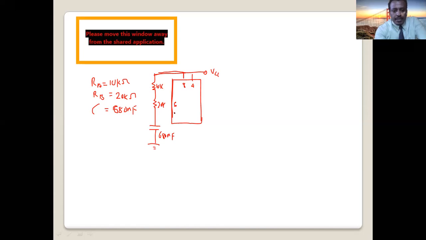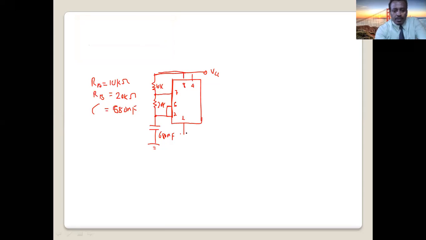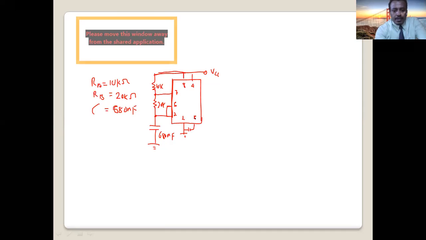Pin number 6 and 2 are shorted together and connected to the capacitor. Pin number 7, discharge, is connected between the 2 resistors. So this is RA, RB, and C. How about pin number 1? Pin number 1 is ground. Pin number 5 is also ground through a capacitor. What remains? Our output, pin number 3. Here you get your output.